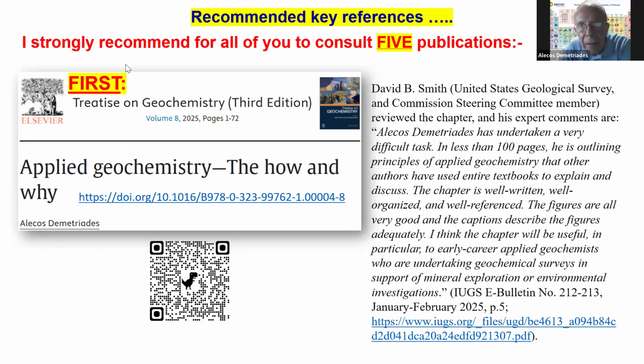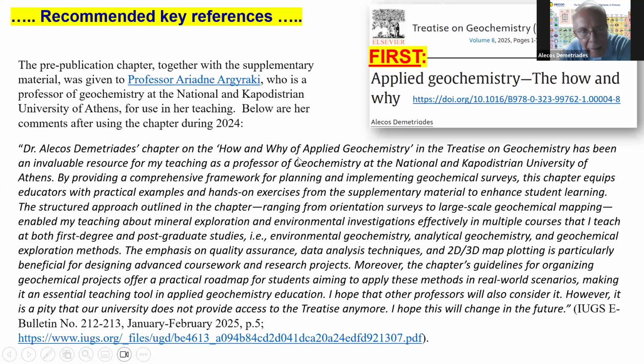Now, something that I would like everybody to consult is 5 publications. This one is Applied Geochemistry, the How and Why. Essentially, it's a tutorial for applied geochemistry. You can read the comments by David Smith, and these are comments by Ariadne.